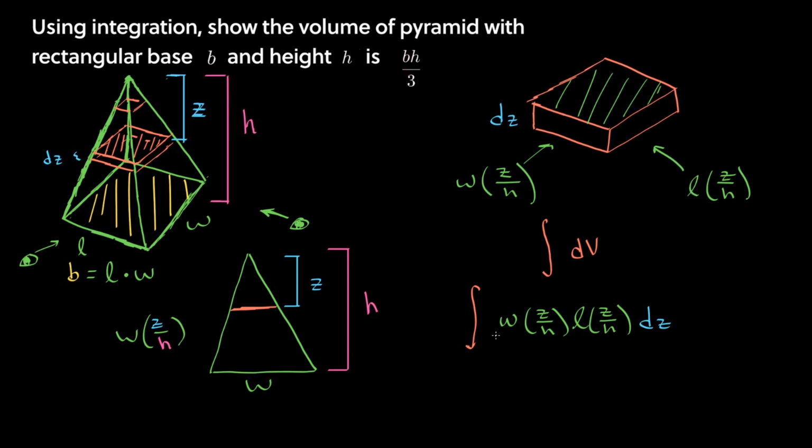And if we're integrating with respect to z, what are our limits of integration? Well, they're going to be going from 0 all the way up to h. And again, we're going to start getting these slices at the vertex and start moving all the way down until we fill out this whole pyramid. That's how this integral is going to work.